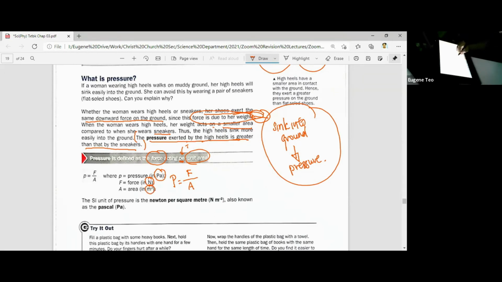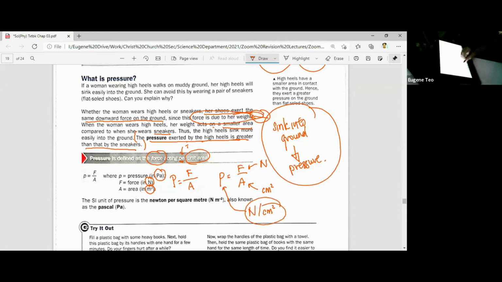Now, a question some people ask is, is it possible to use cm squared or not? If I take pressure as force divided by area, and in my area here I use cm squared, and the force I use Newton, then the unit for my pressure will become Newton per cm squared. You will sometimes see this unit around, so don't be too shocked.